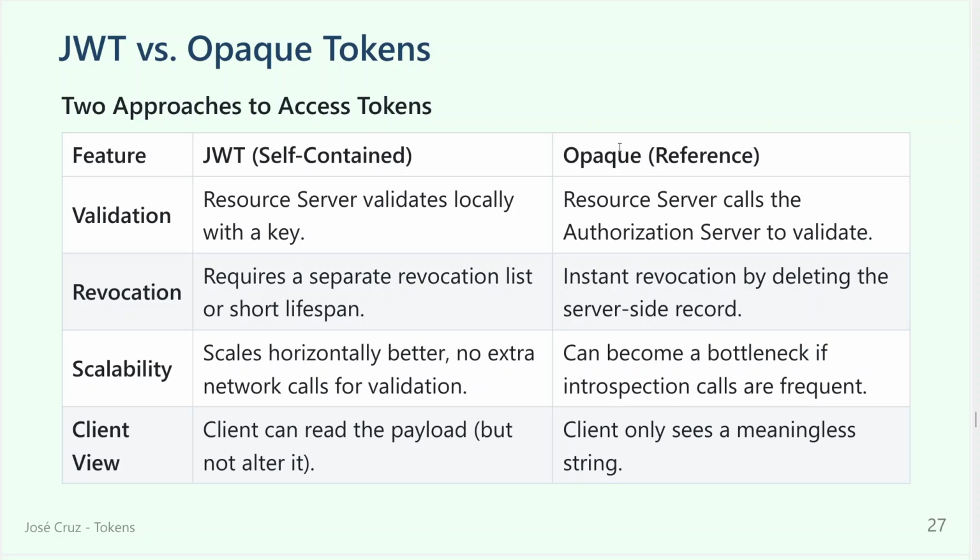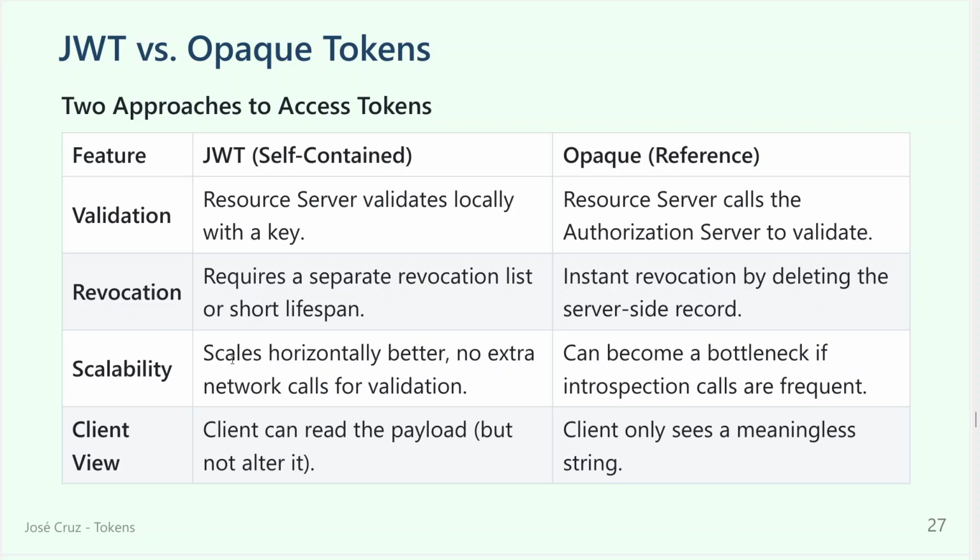With the opaque token, the resource server calls the authorization server to validate. Okay, for revocation, with the opaque token it's quite simple, just remove it. Here, it's more difficult, or you have to wait. You can revoke on the server, but you have to wait for the expiration time. Okay, that's the main idea, and that's why you should give a short lifespan to the tokens that you generate.